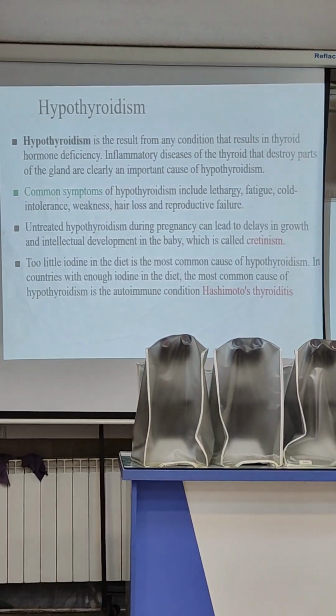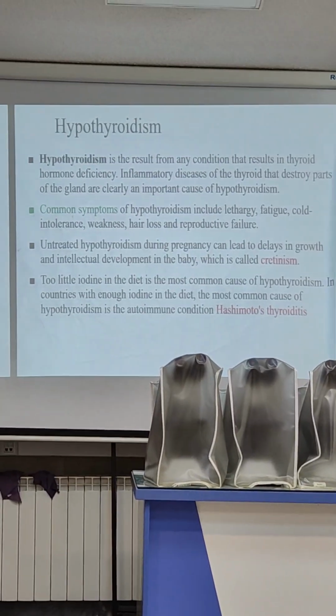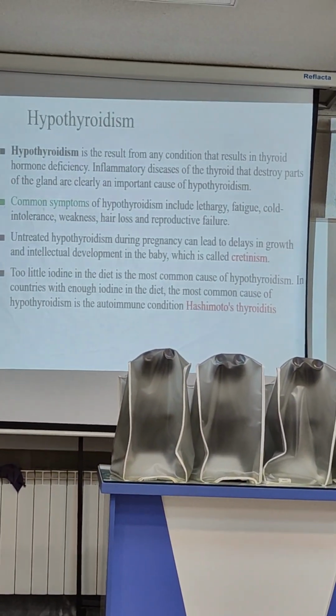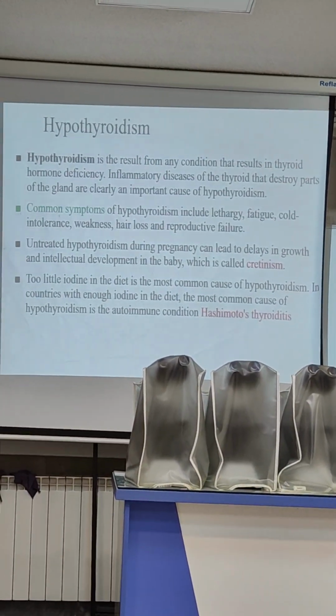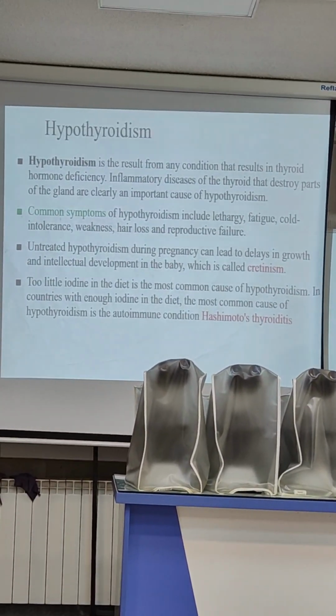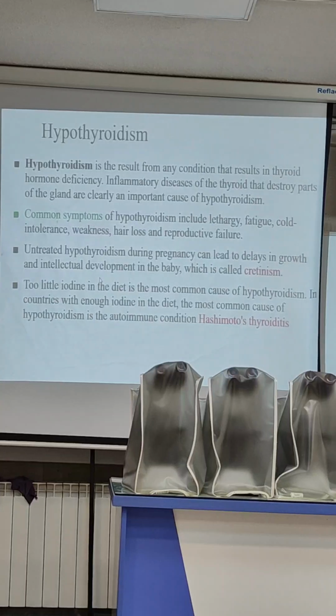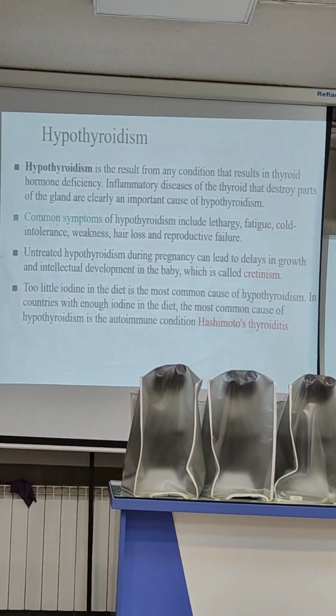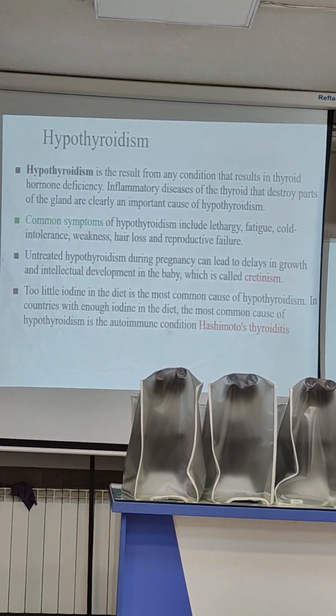So the government decided to supply iodine and enrich the salt with iodine, because too little iodine in the diet is the most common cause of hypothyroidism. And in the country, they have enough.